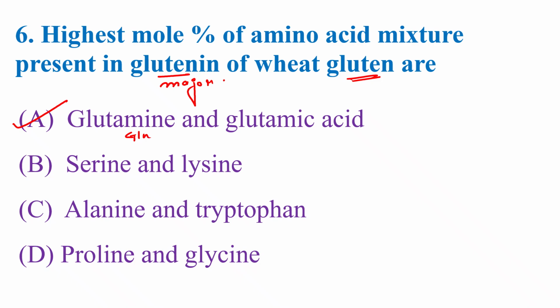Short form is GLN, GLU. So together they will account for approximately 50% of its amino acid composition, and these amino acids contribute to the gluten's elasticity and the dough strength.